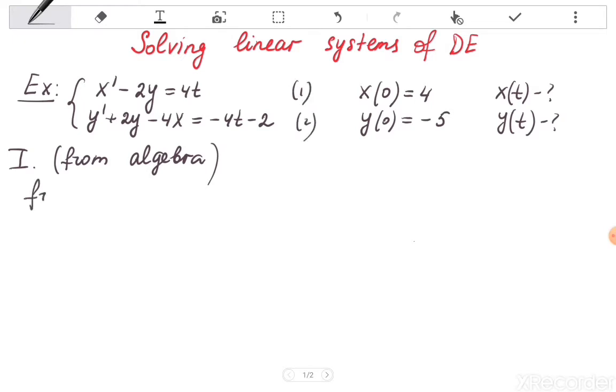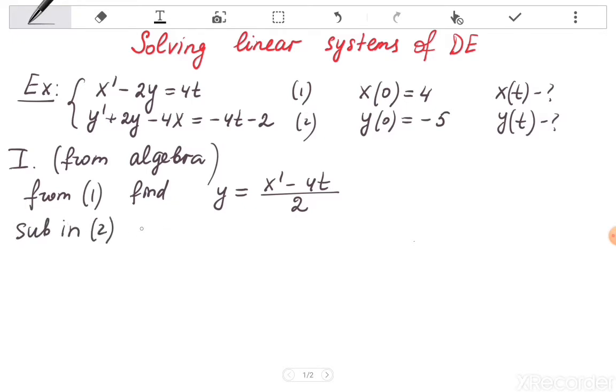For example, from equation 1, we find that the function y is x prime minus 4t over 2. And let's substitute this function y into the second equation. Substituting in 2, we obtain: the first thing, y prime.